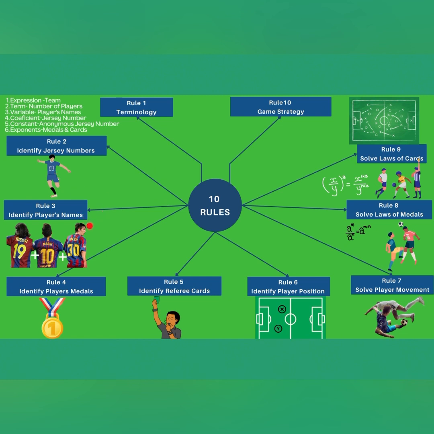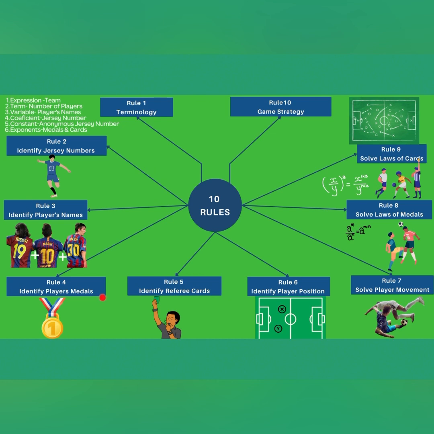Rule number 3, identify the players' names. We said the variables, which are the letters or the alphabets, will stand for the players' names. And the names are seen at the back of the jerseys. Rule number 4, identify the players' medals.